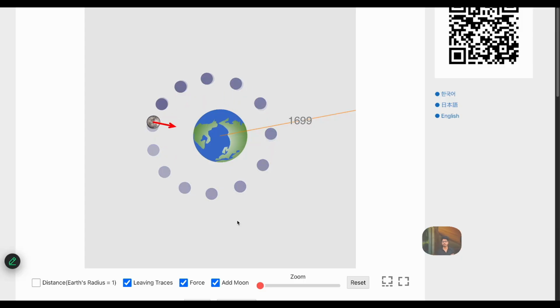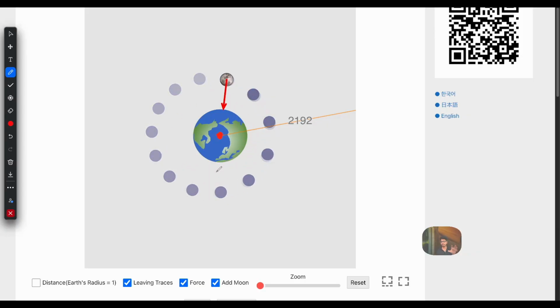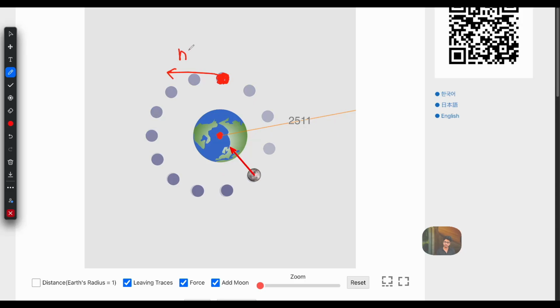Right now, if you look into that, there is a force that is acting toward the center every time. Look at the motion: let's suppose the moon is at this position, this is the motion direction, and this is the force direction, the gravitational force.